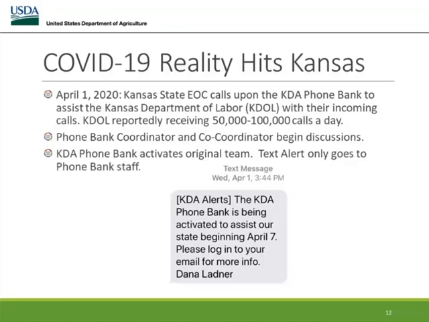At that time, our phone bank coordinator, who's myself, and the co-coordinator began discussions immediately on what the plan was going to be. Utilizing KDA Alert on April 1st, we sent a message to text alert to our team and asked them to begin looking for notices and log into their email for additional information.